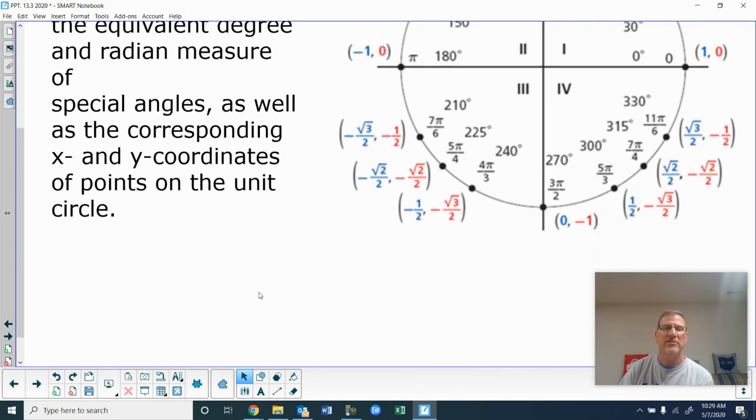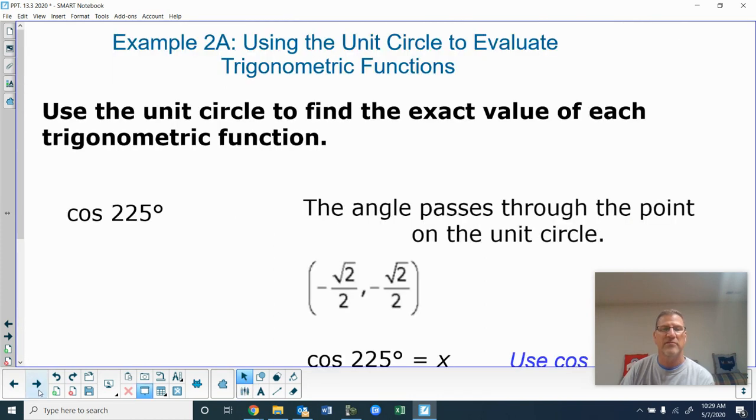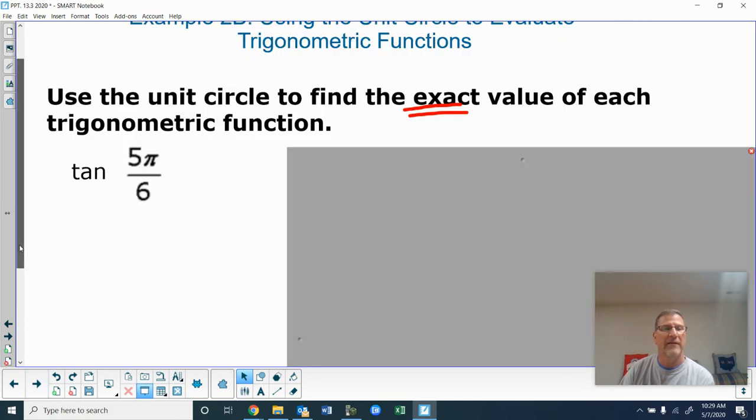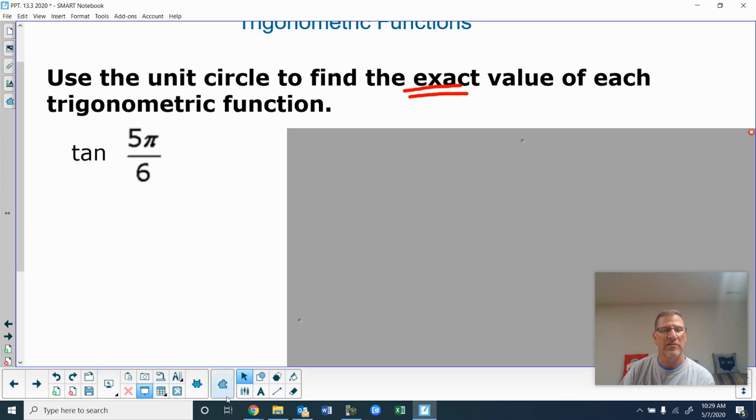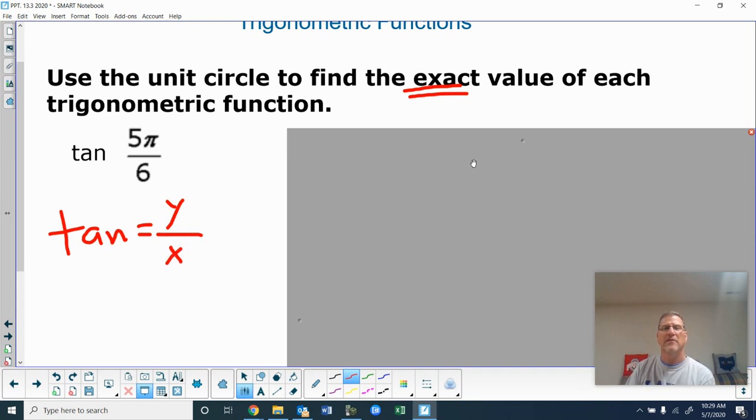You can think of tangent that way. I'll write that here. Tangent equals opposite y over adjacent x.